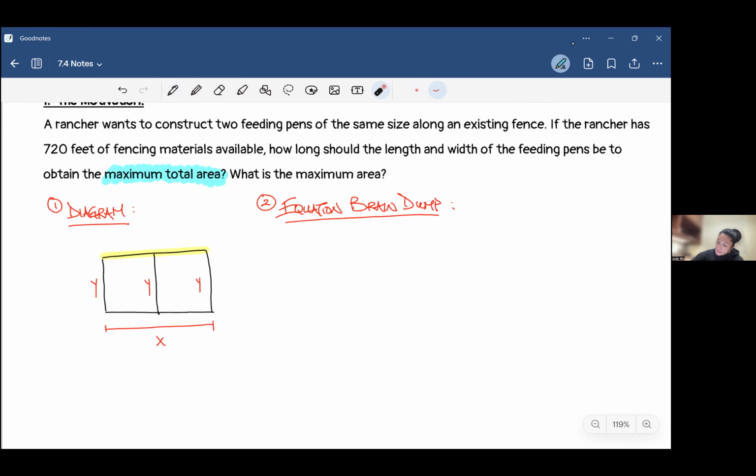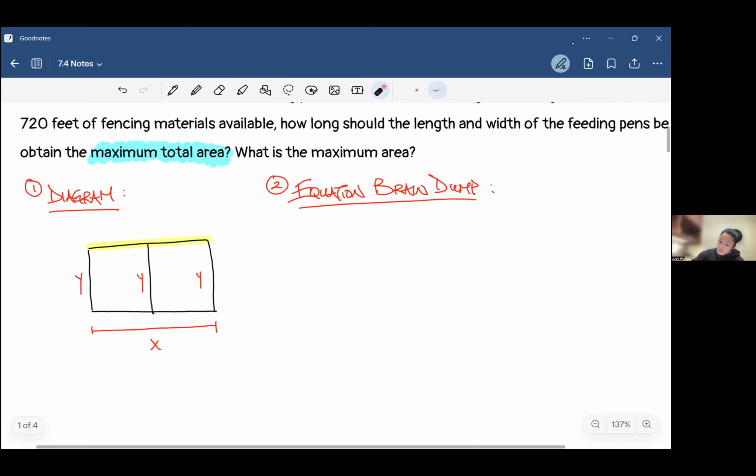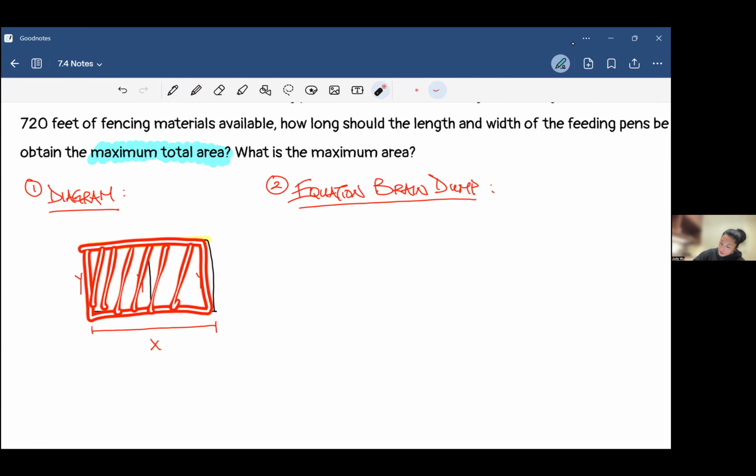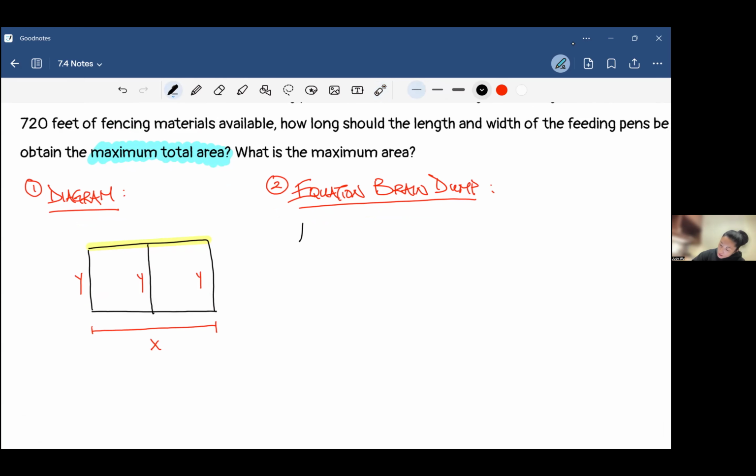So I know that I'm looking ultimately for the maximum total area. And if I'm looking at the area of the pens, I know that area is going to be X times Y because I have a rectangle.